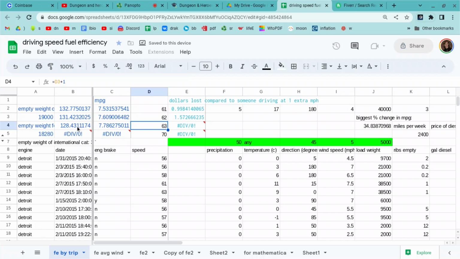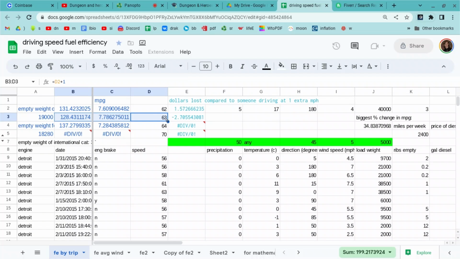Oh no, 63. Look at this. Optimal speed is 63 miles per hour, because then we're at 8 miles per gallon, and we make more money because we drive faster. So let's keep going. 64. Okay, and then it starts dropping at 64 miles per hour. So 63 miles per hour is optimal. If the wind is blowing with us, we want to drive at 63 miles per hour.